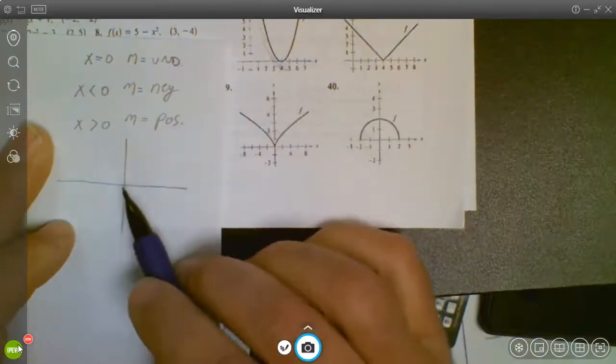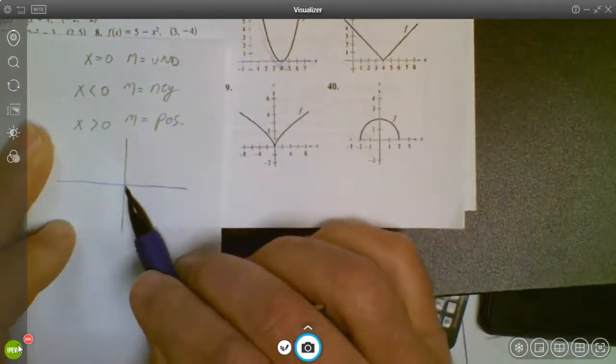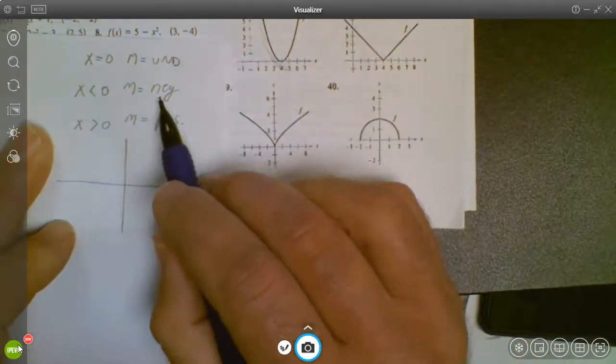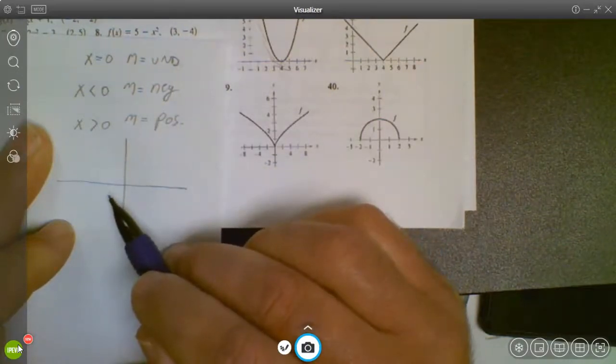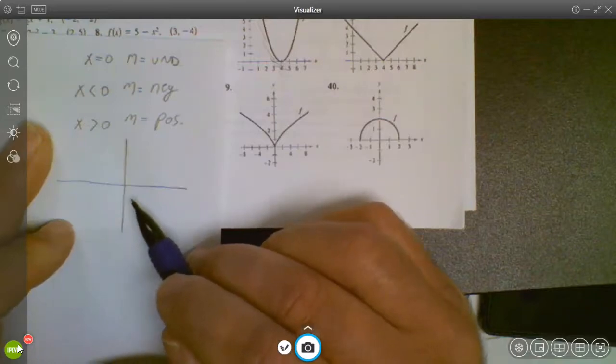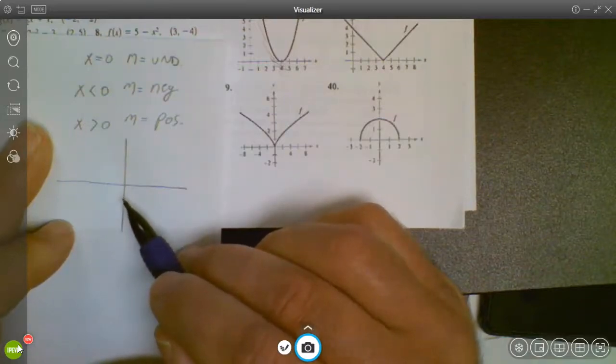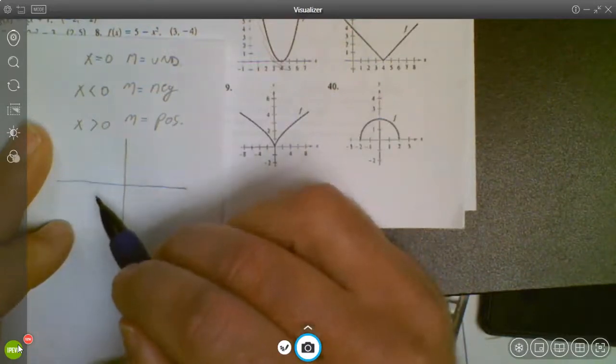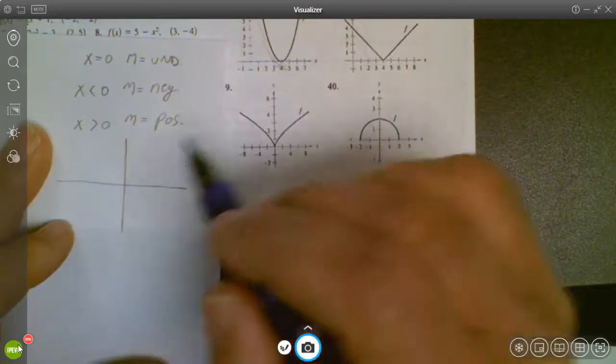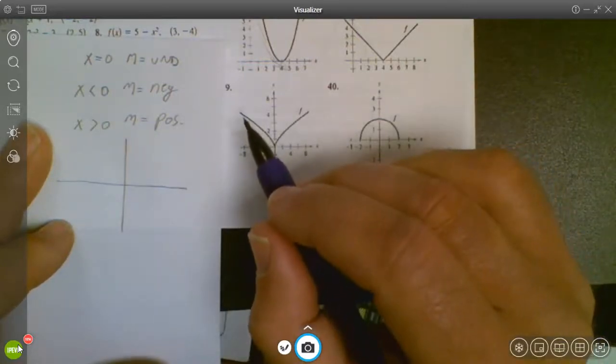Let's see if we can draw something that represents that information. To the left of 0, I need to stay in the negative area of the graph, which means I am below the x-axis. I am undefined at 0, so I cannot cross over that line right there because it's undefined where x equals 0. But it still has to stay in the negative, and like we already said, it's changing, right? It's not constant.